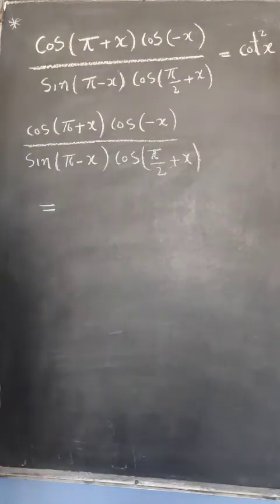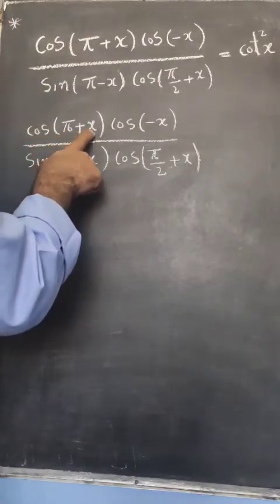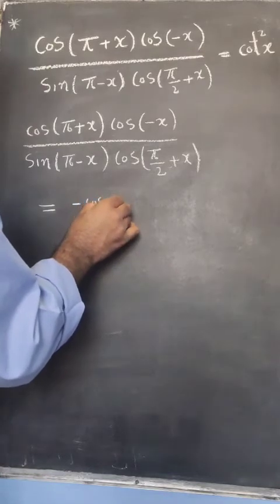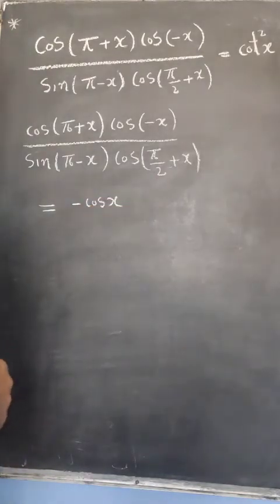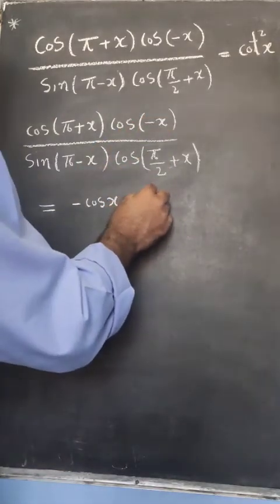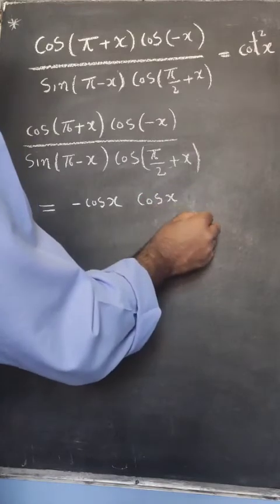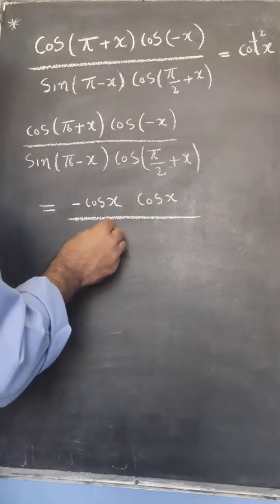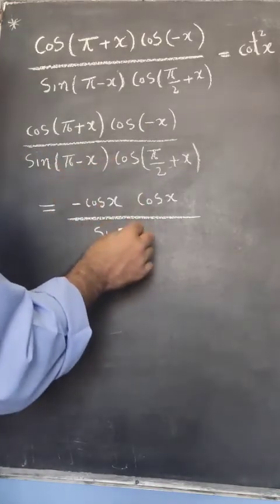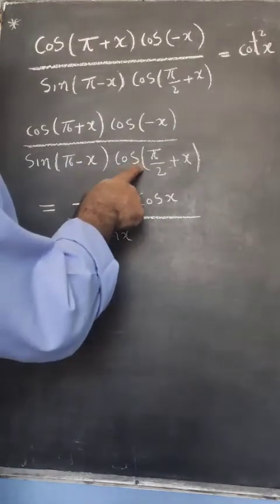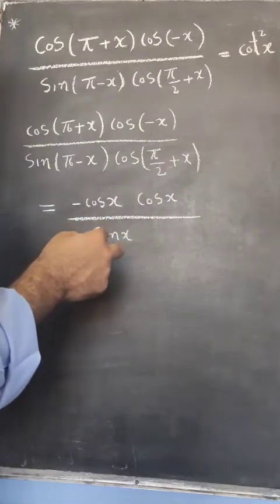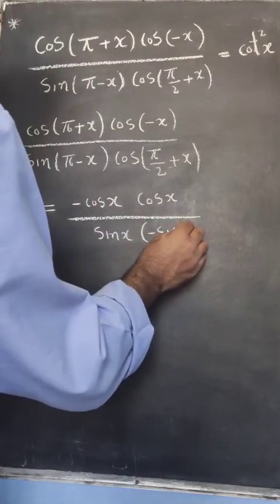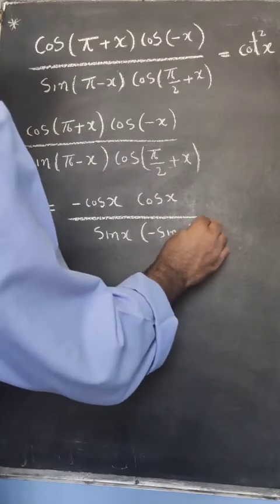This is equal to, now we know that cosine of pi plus theta is equal to minus cosine of theta, so minus cosine of x, and cosine of minus theta is equal to cosine of theta, so cosine of x divided by sine of pi minus theta is equal to sine of theta, so sine of x, and cosine of pi by 2 plus theta is equal to minus sine of theta, so we write minus sine of x.